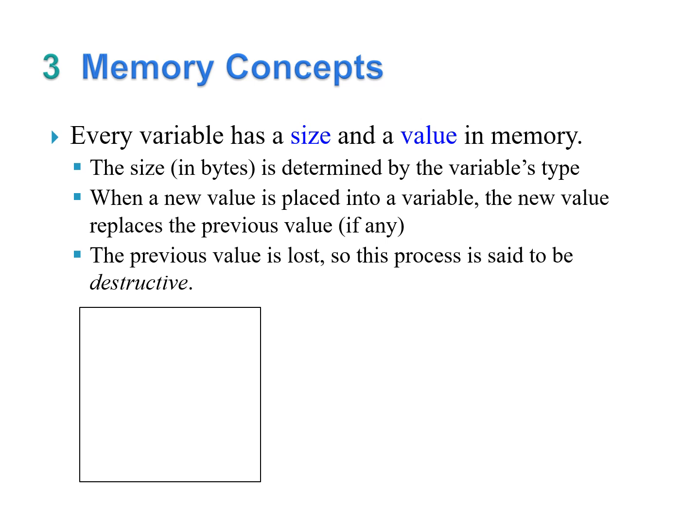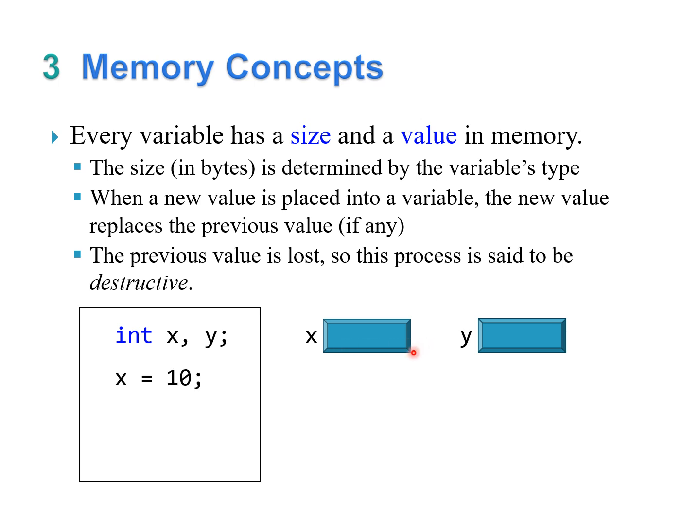For example, suppose we declare two variables x and y of type int, as in this statement. Then they both have the same size in memory, and after this declaration statement, x and y may not have any value. Then we assign x to 10. This gives x the new value 10, and y still has no value after this assignment statement.